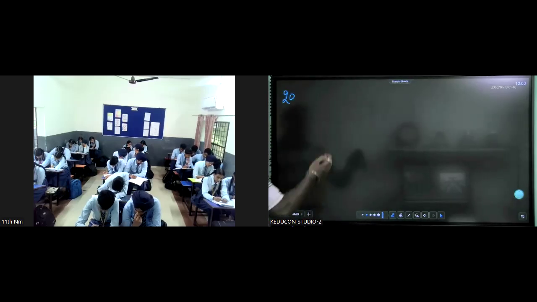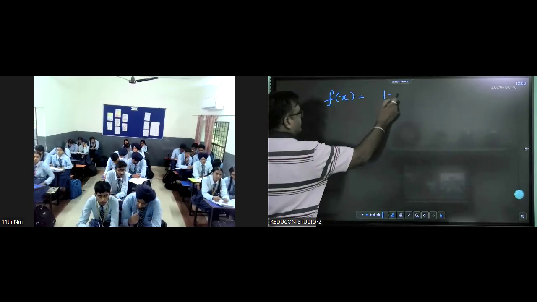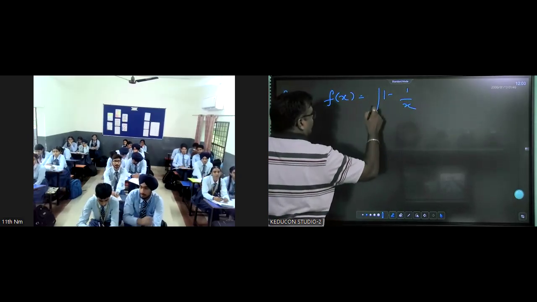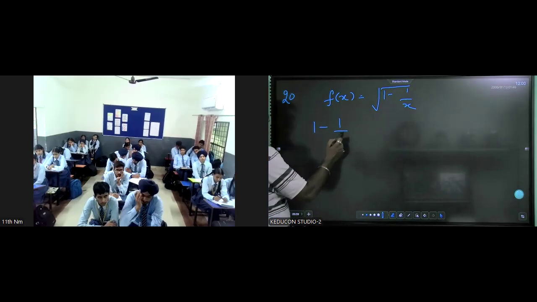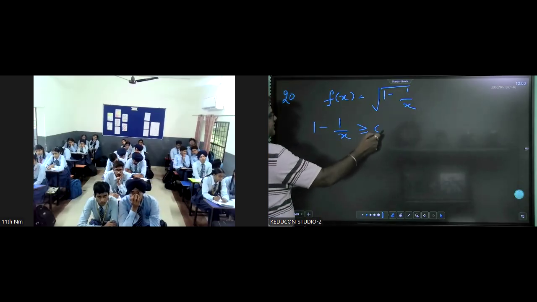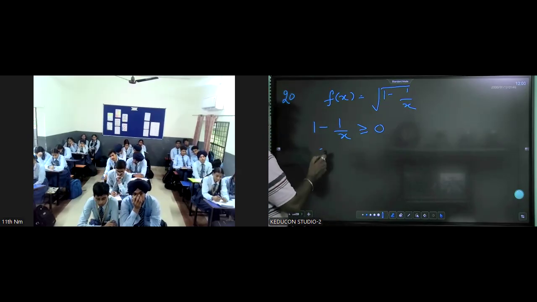देखिए बड़ा सिंपल सा क्वेश्चन है स्टूडेंट्स, f(x) आपको गिवन है 1 माइनस... राइट. First you have to apply the condition for the square root. What is that? Greater than equal to 0, right? This thing should be greater than equal to 0.